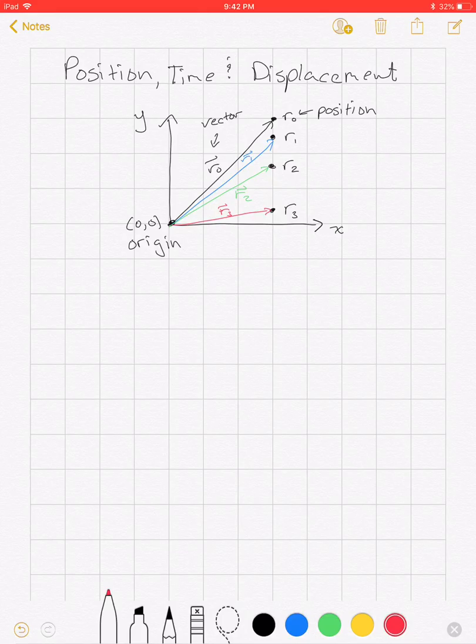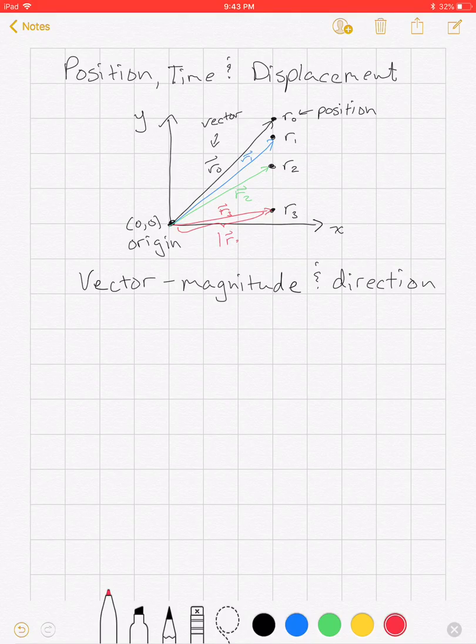So what is a vector? Well, if you watched Despicable Me, then you know that a vector is something that has a magnitude and a direction. The magnitude in this case is given by the length of this arrow. So if we're looking at R3, this length here, which we will call the magnitude, or the absolute value, same thing, that's our magnitude.